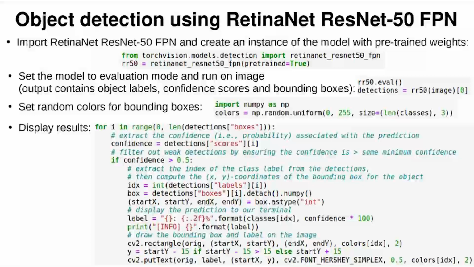We set random colors for bounding boxes and corresponding labels, and superimpose the bounding boxes and labels for them onto the original image, whenever the prediction confidence level exceeds 50%. This restriction is set to avoid returning multiple labels for the same object.